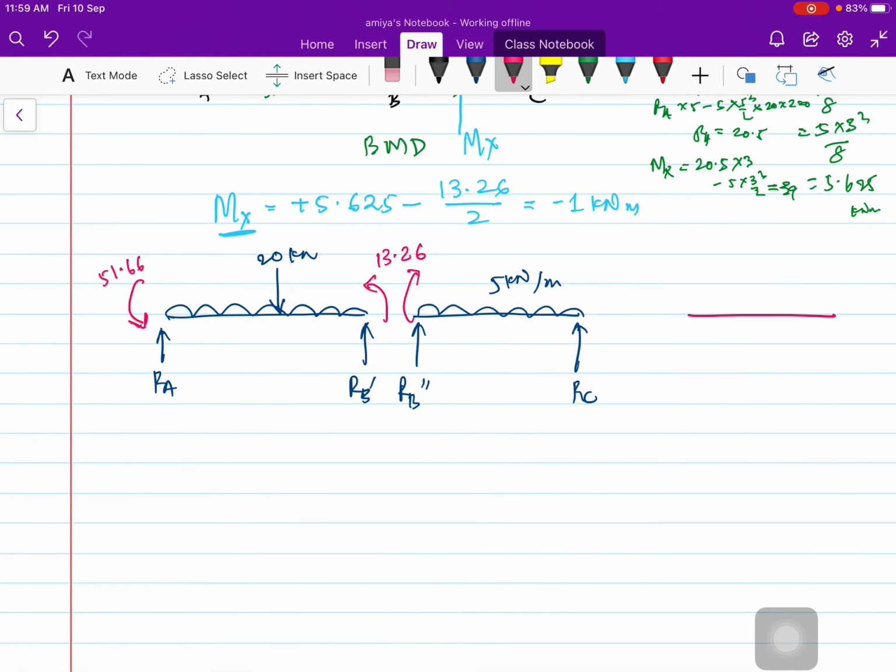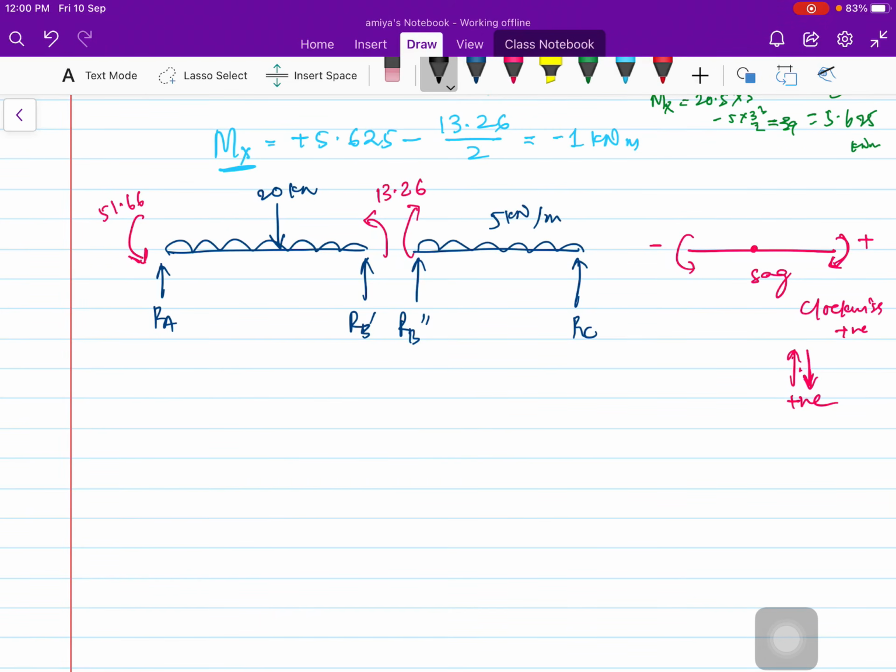If you look at sagging, which we take as positive bending moment, this is negative and this is positive, or we can say right clockwise as positive. That means from here, this is clockwise, so positive, and anti-clockwise is negative. For shear force we always take this as the positive sign convention. That means upward is positive on the left, and from the right side, if it is downward, then it is positive.